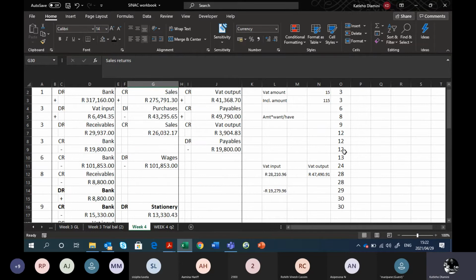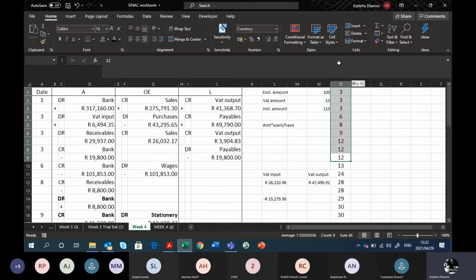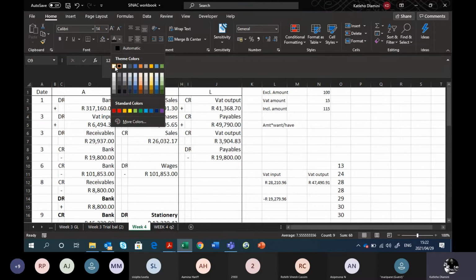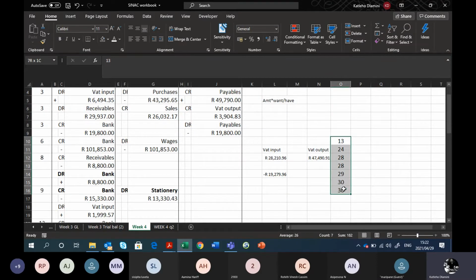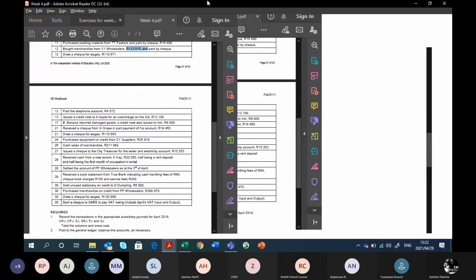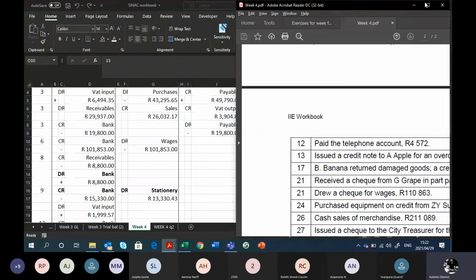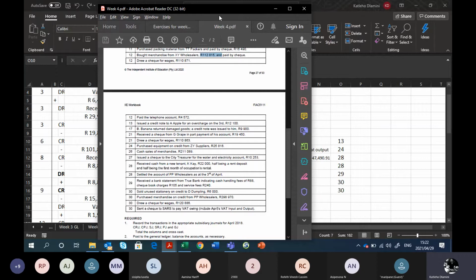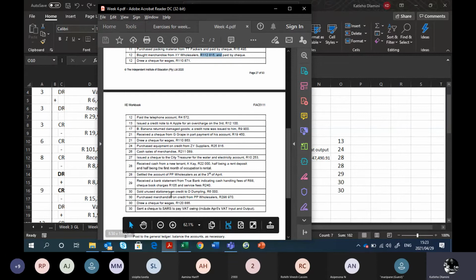So you're going to do from 13. So you're going to do number 13, the 24th, the 28th, and the 29th. So the 13th is 1, the 24th there is 1, the 28th there is 2, the 29th is 1, and the 30th, I'm not sure which ones.